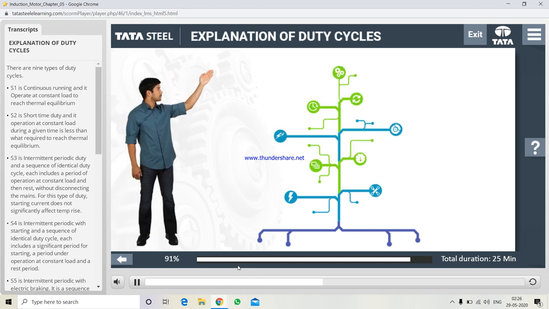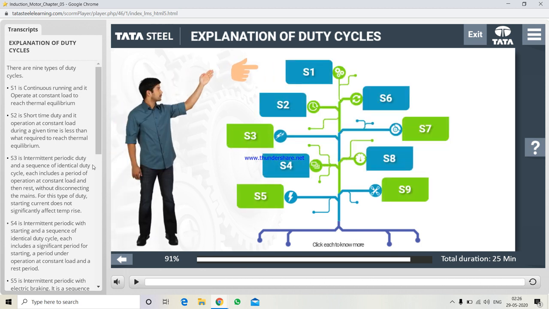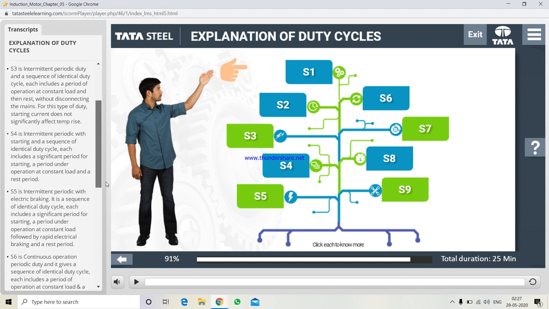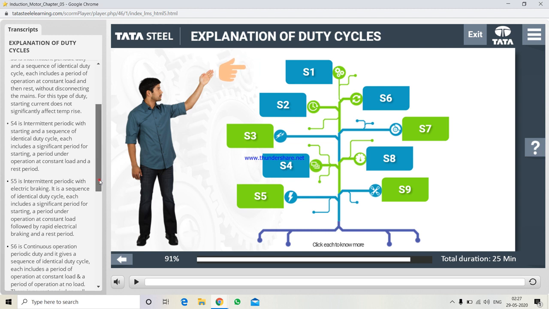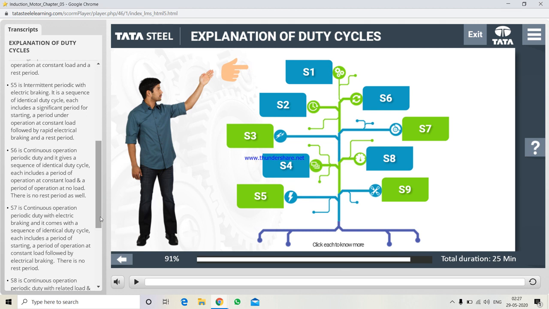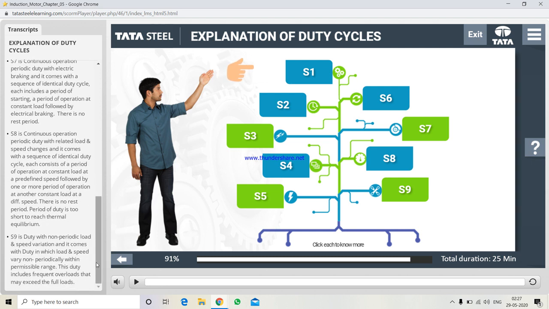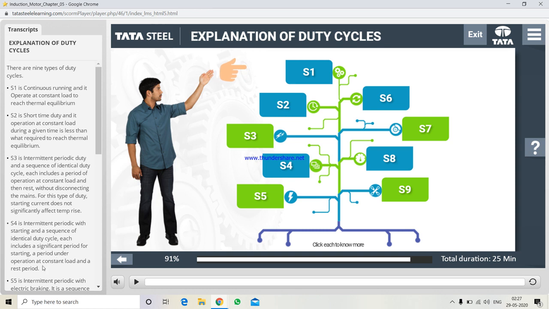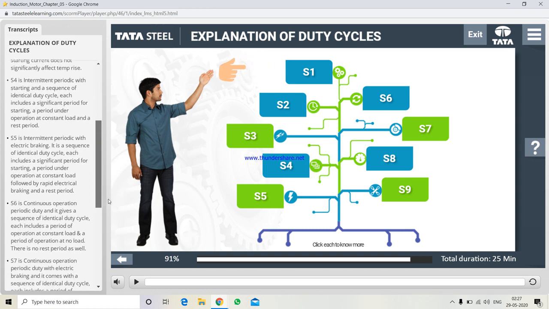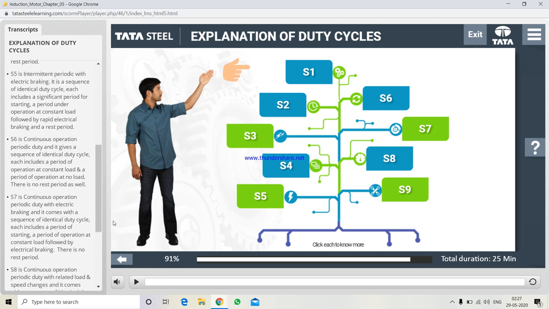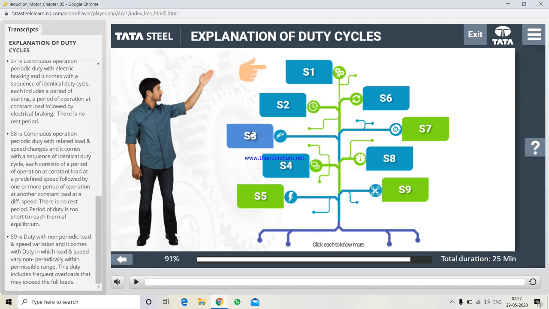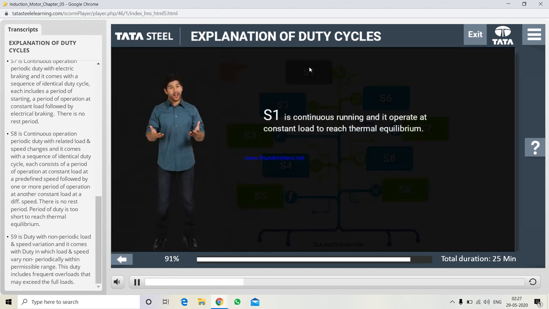There are 9 types of duty cycles. Click each to know more. S1 is continuous running and it operates at constant load to reach thermal equilibrium.